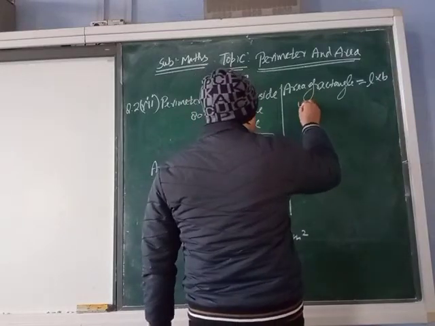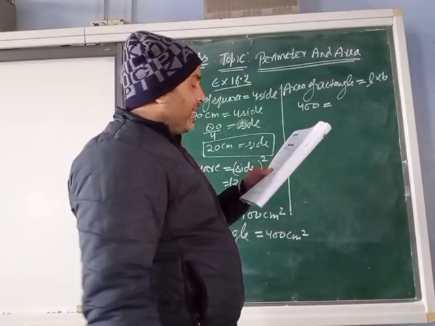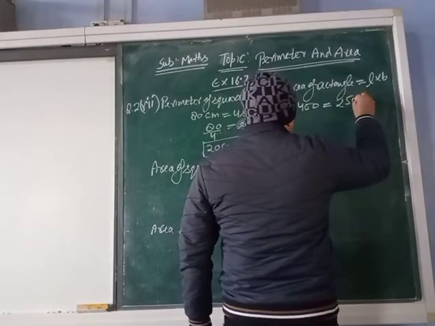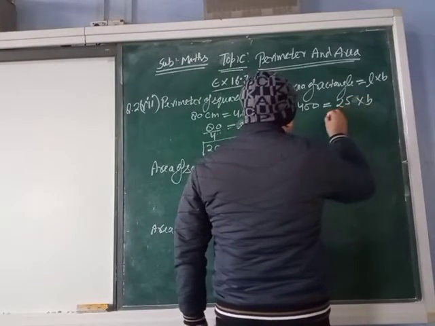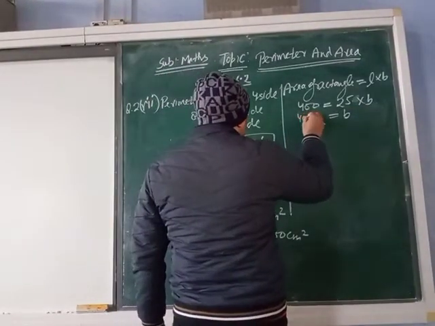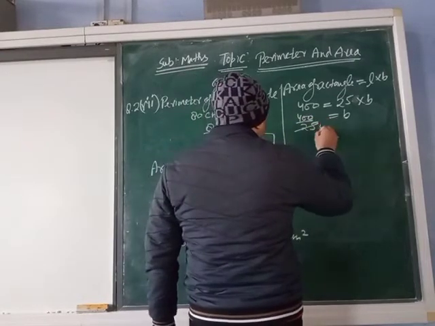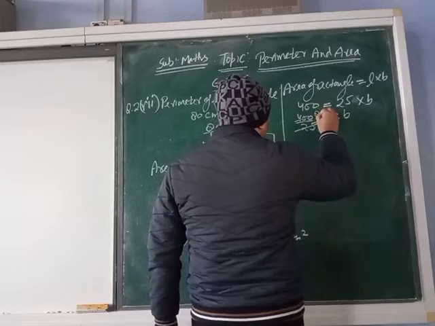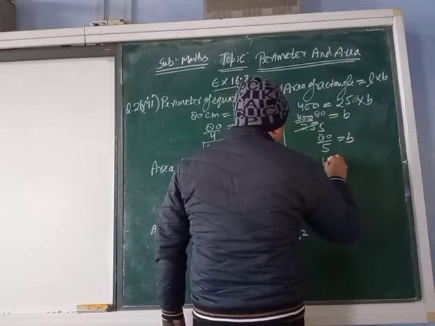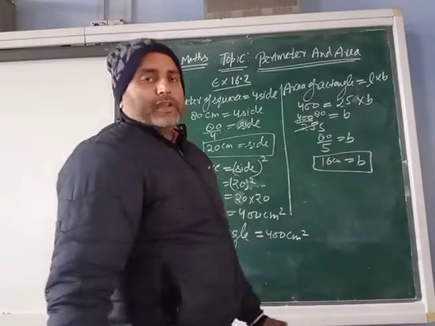The area is 400, and the length of the rectangle is given as 25 centimeters. To find the breadth, 400 divided by 25. Dividing by 5: 5 by 25, 5 8s are 40, 80. 80 by 5, and you will get 16 centimeters, the breadth of the rectangle.